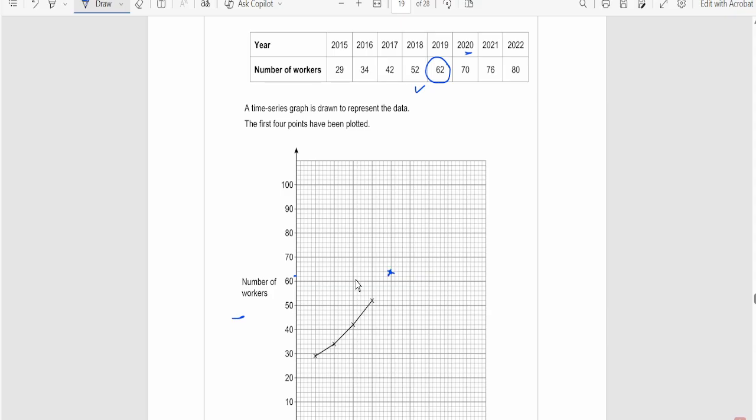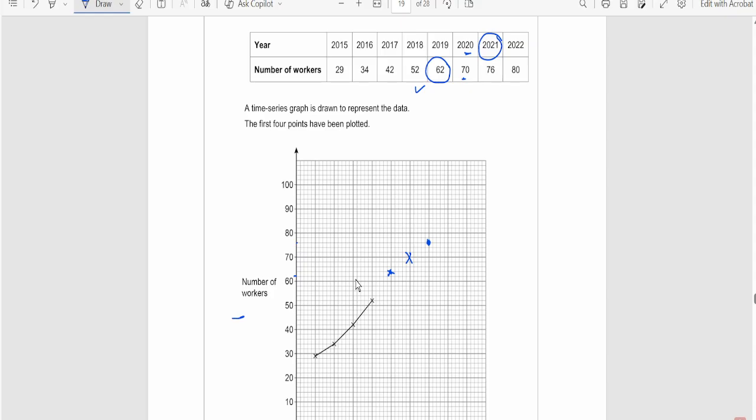Then 2020 it is 70. 70 is this. And 2020 is this, right? So where these two points meet, that is my point. Then for 2021, 2021 is this and 76. 76 would be this. So this is my 76 and this is my 2021.